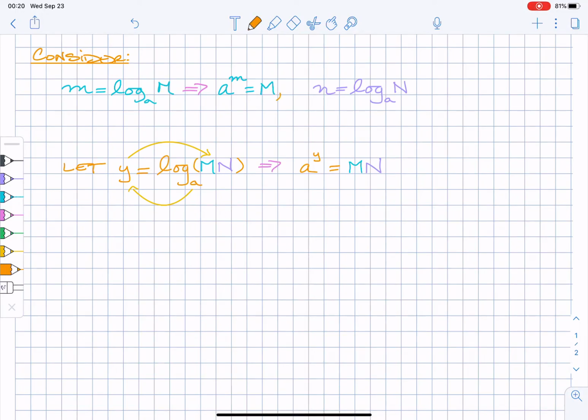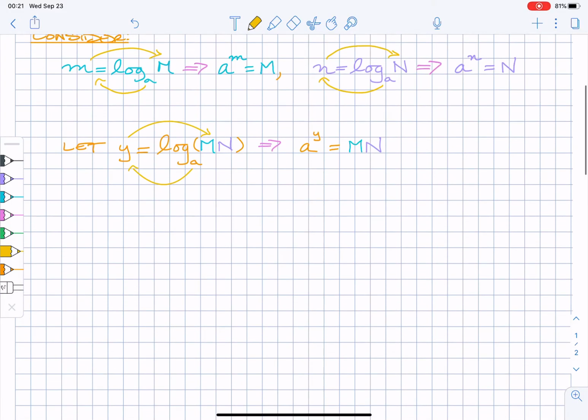Over here, if I have little n is equal to log base a of capital N, then base a raised to the answer little n is equal to the argument capital N. In both of these cases, I've just done the circle. Base raised to the answer is equal to the argument. That's a definition of logarithm.